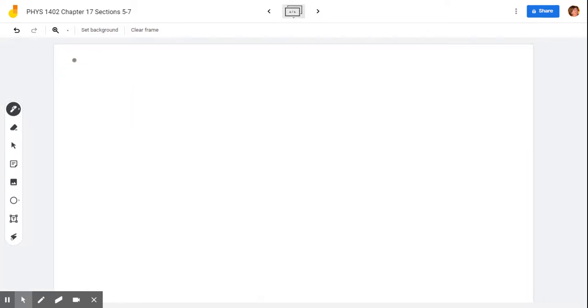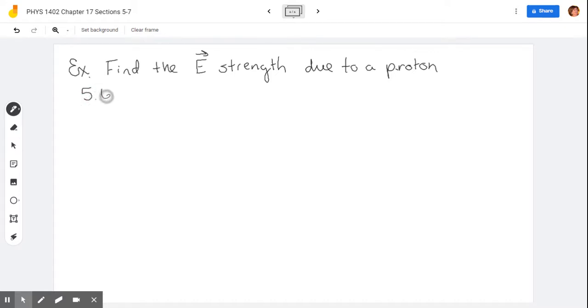Let's do an example. Find the electric field strength. I don't care about the direction, but I want to know how strong it is due to a proton 5.29 times 10 to the negative 11 meters from it.